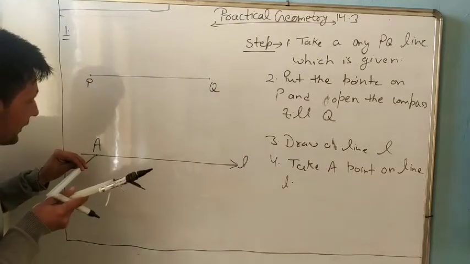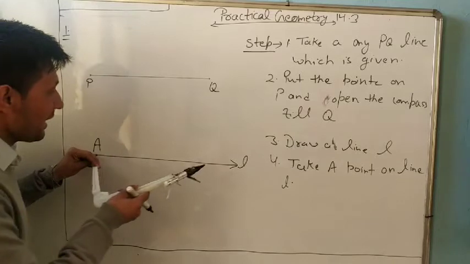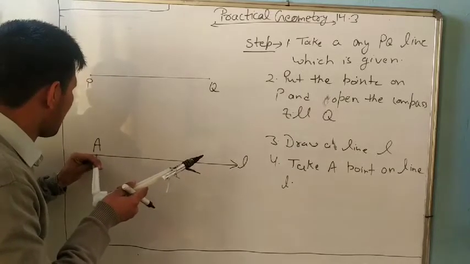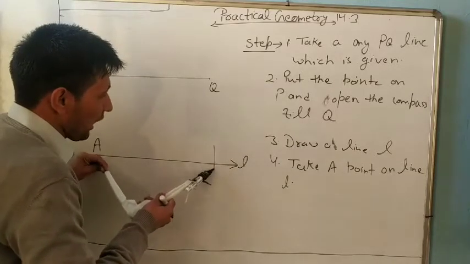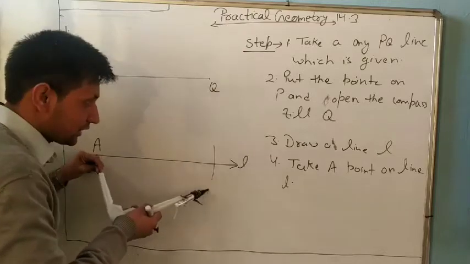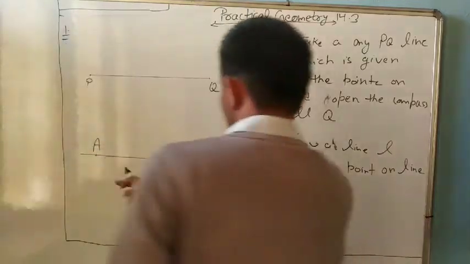Now put the pointer at starting point A and draw an arc. It is called an arc. So write fifth step.